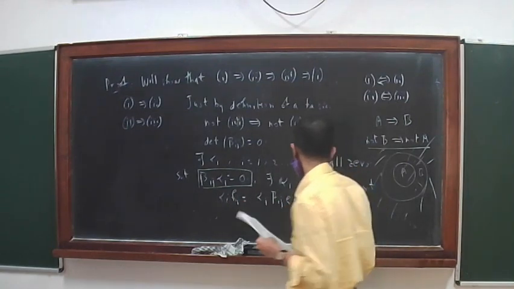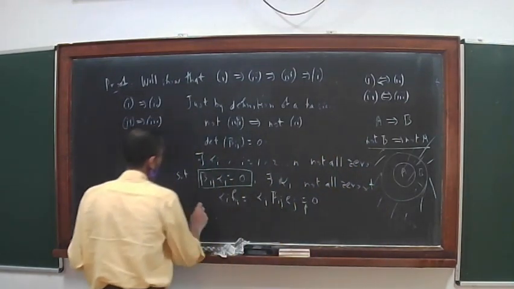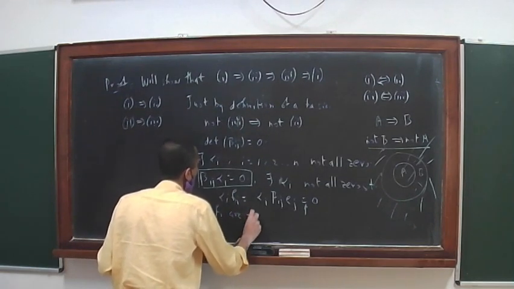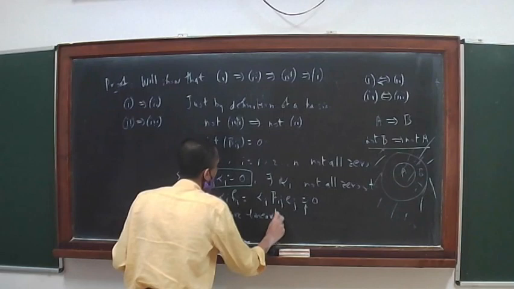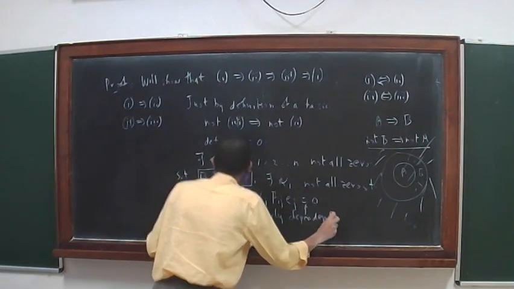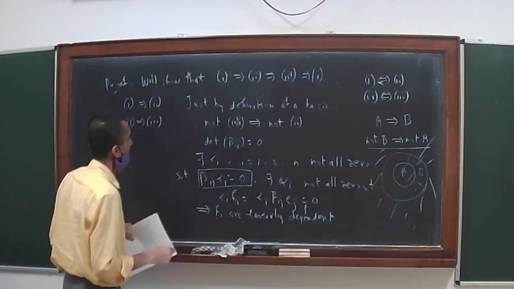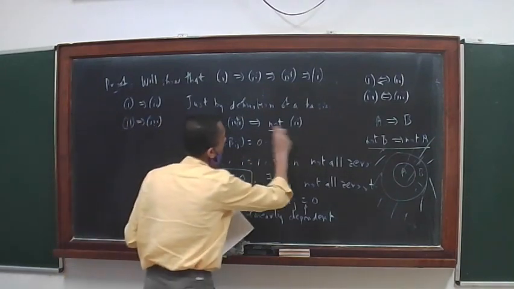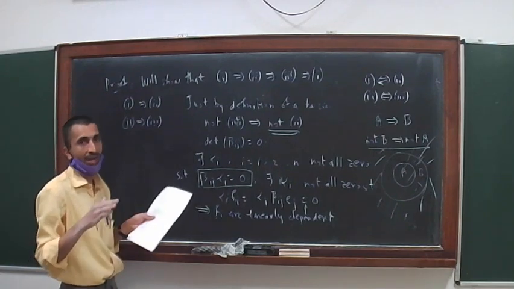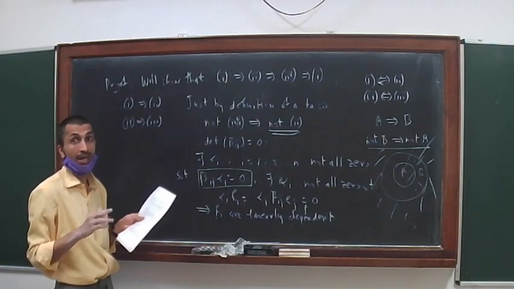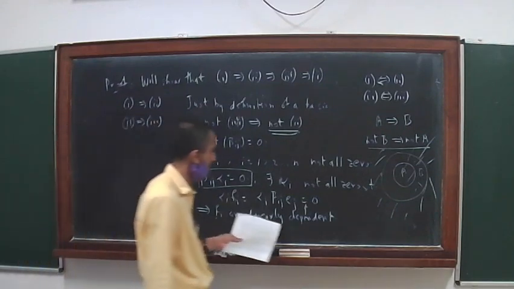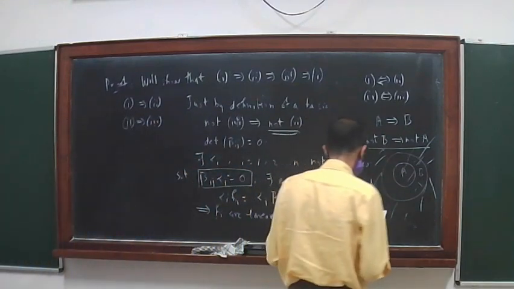So this implies that your fi's are linearly dependent. And that is exactly not 2, because 2 was the statement that the set fi, 1 to n, is linearly independent. So the negation of that is that it is linearly dependent.